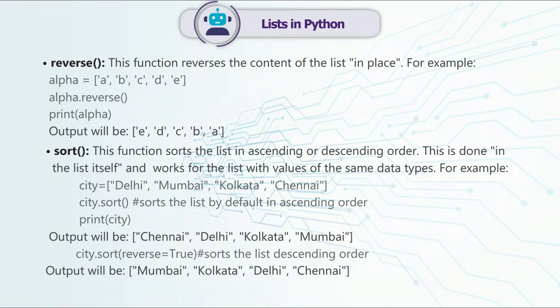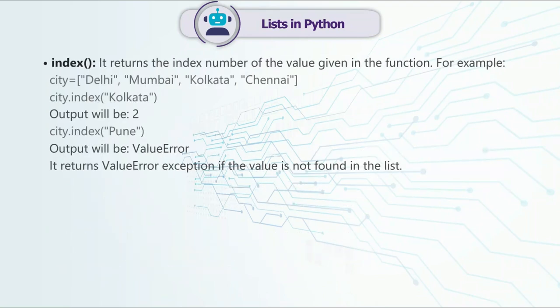This is done in the list itself and works for a list with values of the same data type. For example, "Chennai", "Delhi", "Kolkata", "Mumbai". Output will be ["Mumbai", "Kolkata", "Delhi", "Chennai"].